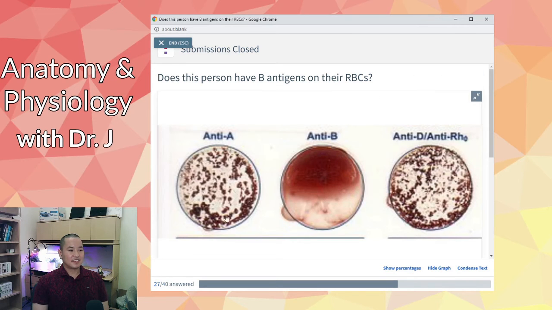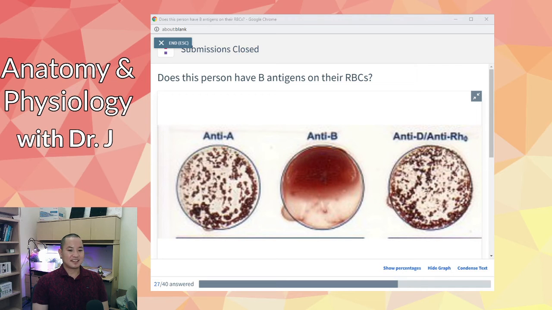Again, A definitely has agglutination, and B, notice that it's pretty diffuse, it doesn't have the clumping. Why? Because you have the anti-B antibody in this sample, but with a lack of B antigen, there's nothing for the B antibodies to grab onto. So when it says anti-A, that means you have anti-A antibodies in the sample, in this little circle here. With anti-B, you have anti-B antibodies in the circle here.